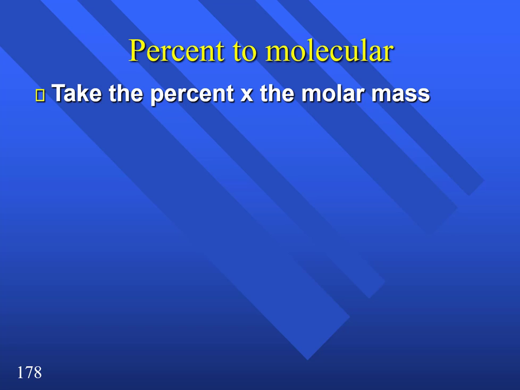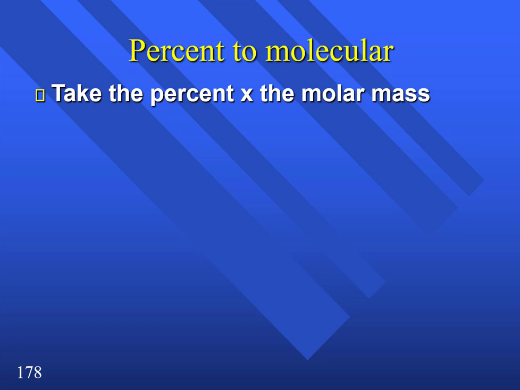Because if you've got something that's 25% carbon, and you know that you've got 50 grams of it, you know 25% of 50 is just over 12, so you'll have about 12 grams of carbon there.